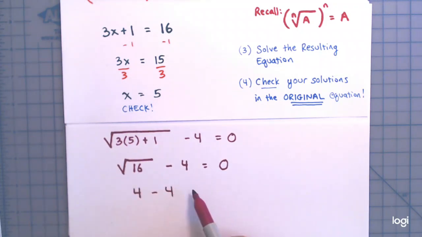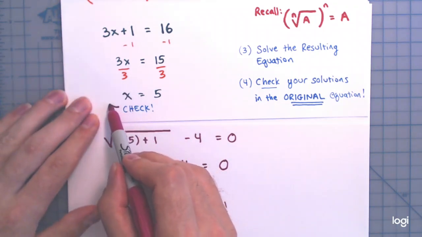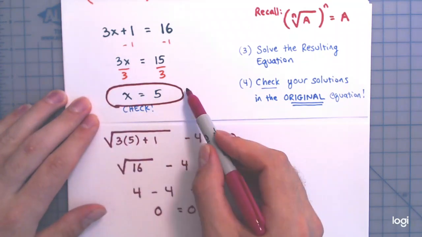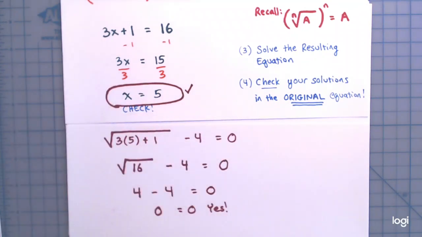And is 4 minus 4 equal to 0? Yes, that's 0 equals 0. That is a true statement. So I'm going to put this up here in a box. That works. That is a good solution to my equation. It does make it true.